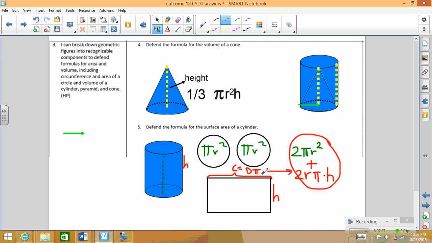And that distance is the circumference of the circle, the total distance around it, and that's measured by diameter times pi. And diameter is the entire length across, and sometimes it's written as 2 times the radius, so those two things are interchangeable. So that's defending the formula for the surface area of a cylinder and defending the formula for the volume of a cone.